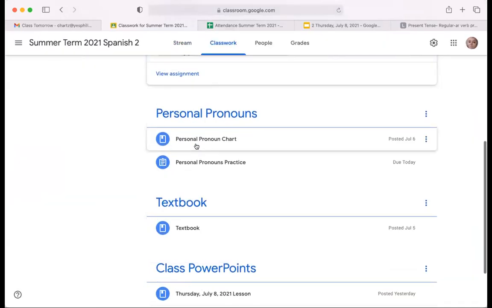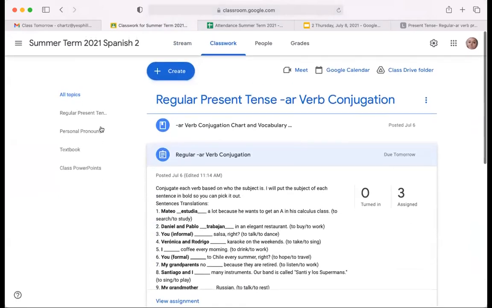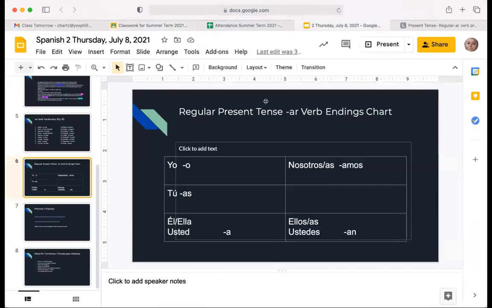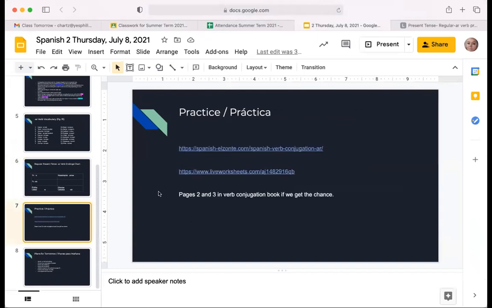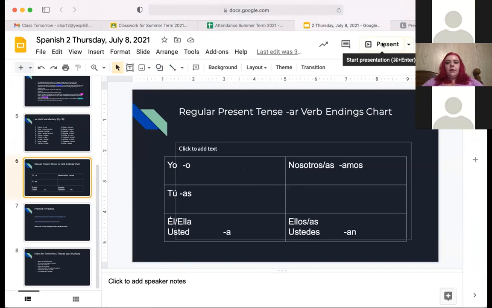And then the personal pronoun chart is there. If you guys need help with any of this, or you don't fully understand it, we're gonna keep working on this. So does it kind of make sense what we've been doing? I want to make sure that nobody's completely lost.